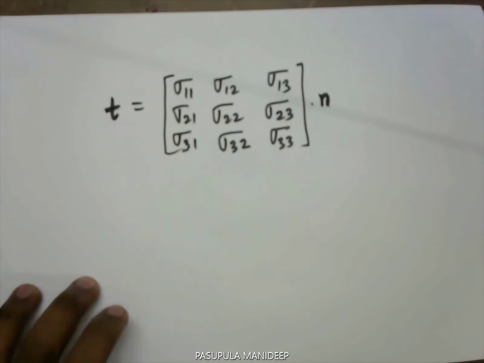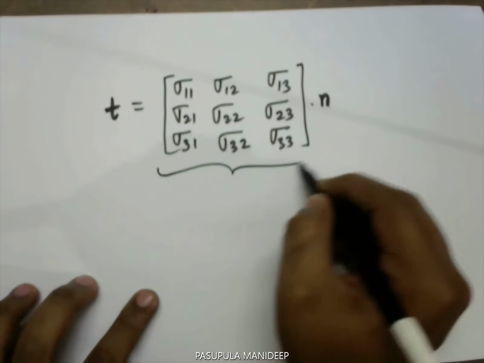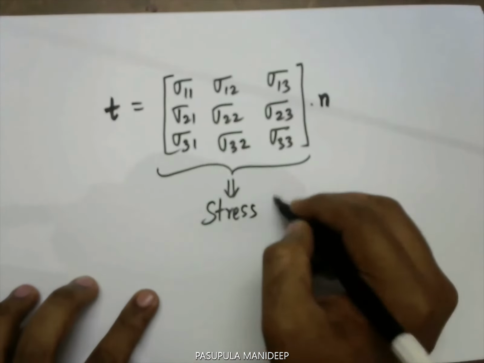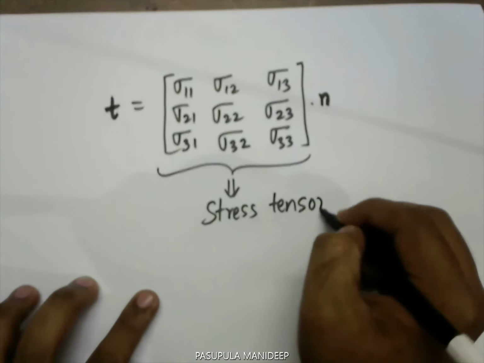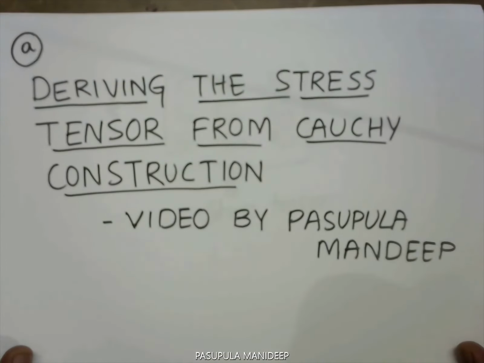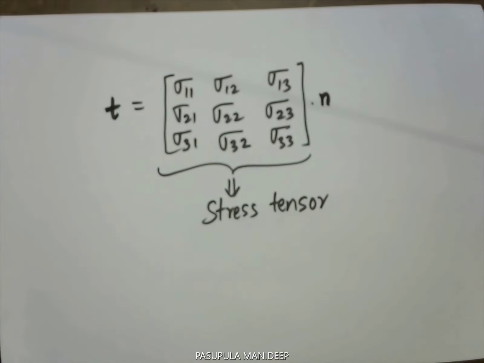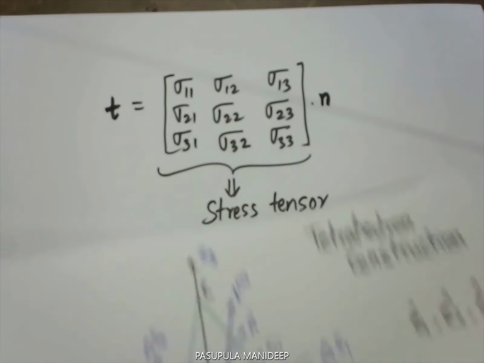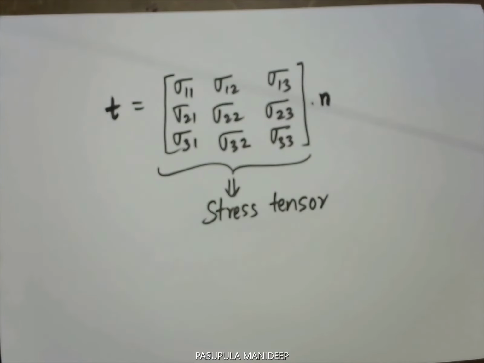So this is nothing but the stress tensor. Our problem statement was to derive the stress tensor from Cauchy construction, and from this tetrahedron construction, we have derived the stress tensor.